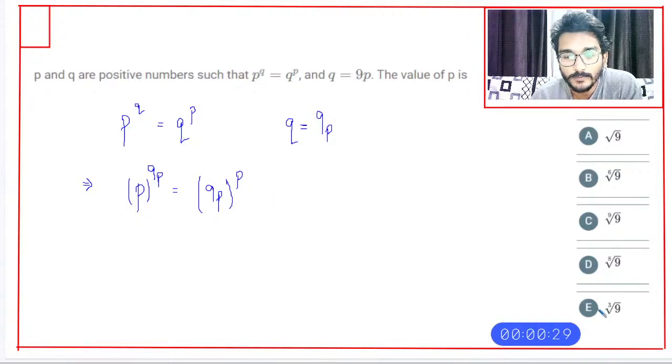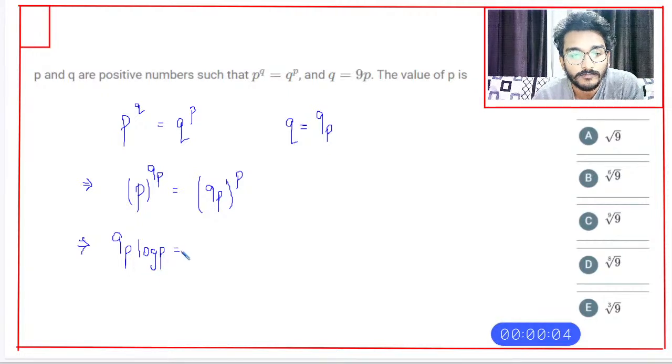You can either satisfy the options, but it will take a lot of time because there are 5 options to satisfy. Maybe you are lucky, you will get the first answer, or maybe you will get the last as the answer. So let's not depend on luck. Let's just do it. Take the log on both sides. Taking log on both sides, we have 9p log p.